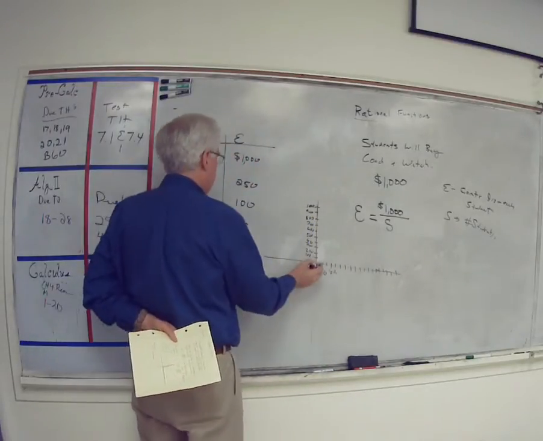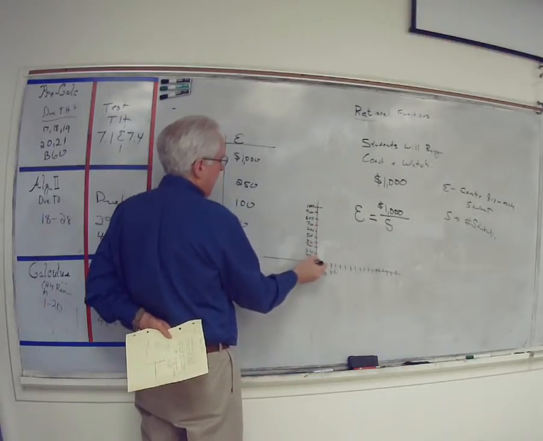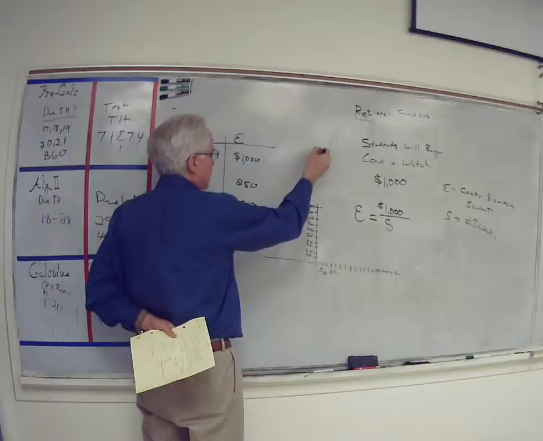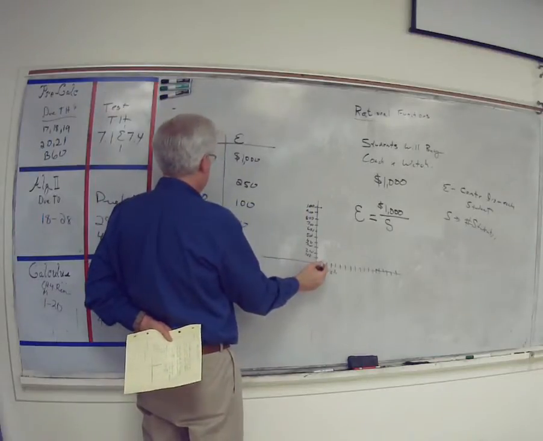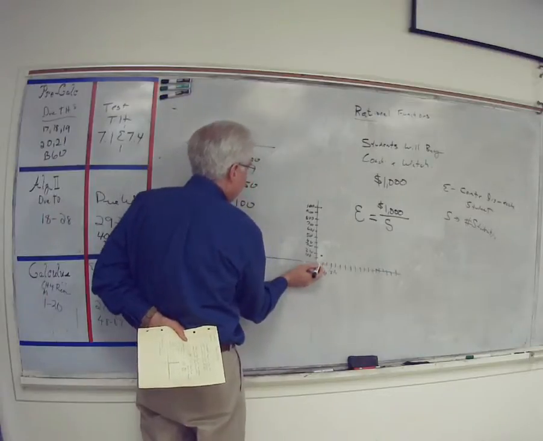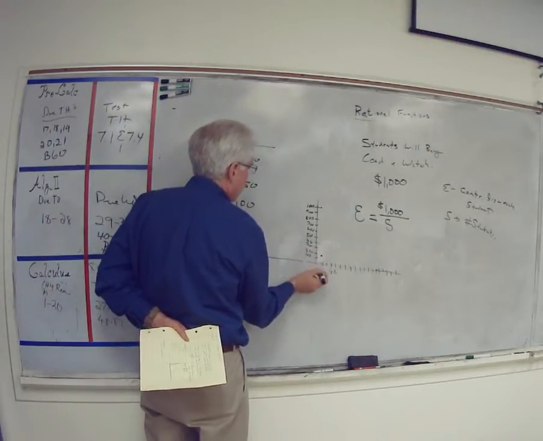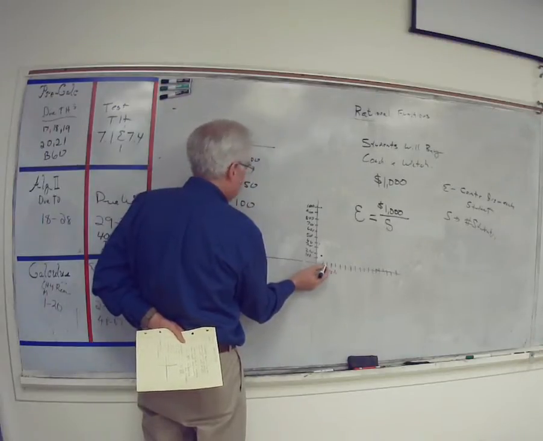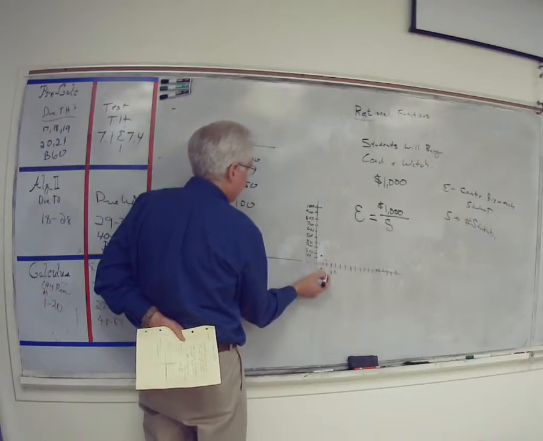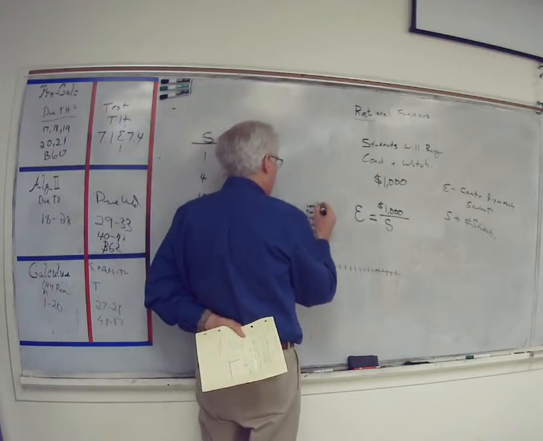If I had one student, it'd be 1,000. If I had half a student, it would be 2,000. If I had 5 students, it would be 200. If I had 4 students, it would be 250. If I had 10 students, it would be 100. If I had 20 students, it would be 50. So do you see what the graph is doing?